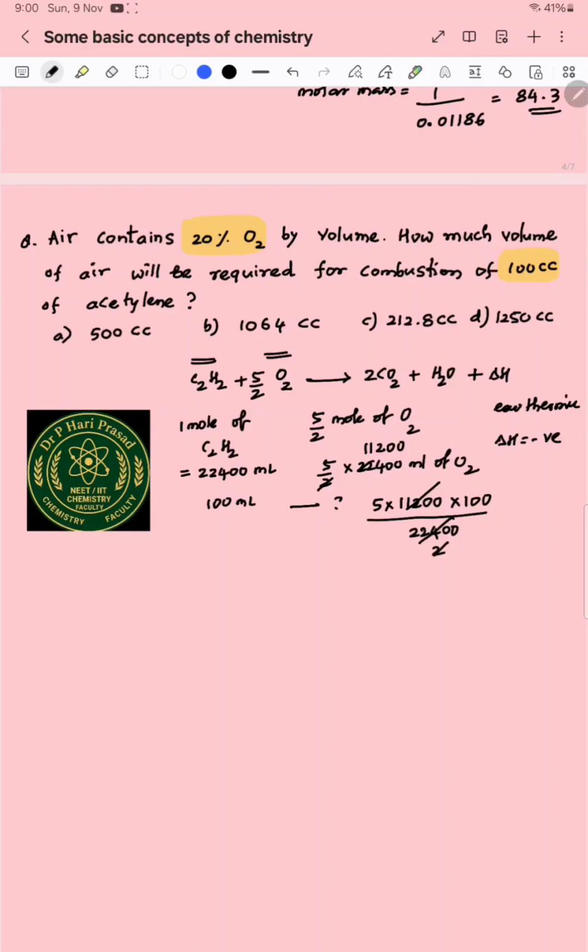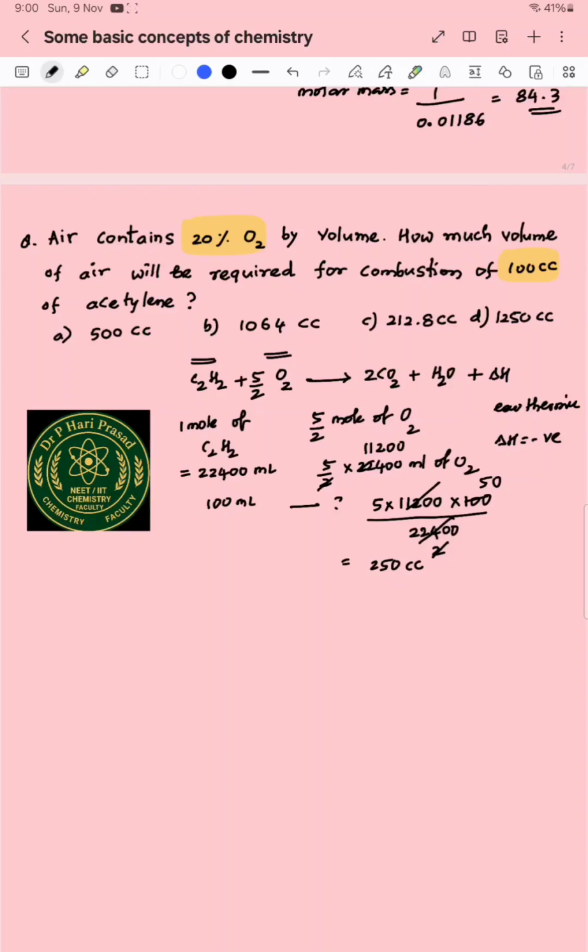So that becomes 250. So therefore 250 cc of oxygen will combine with 100 cc of acetylene, right?